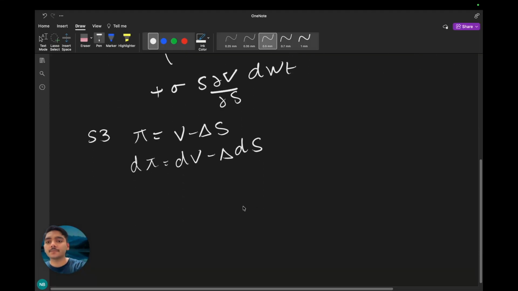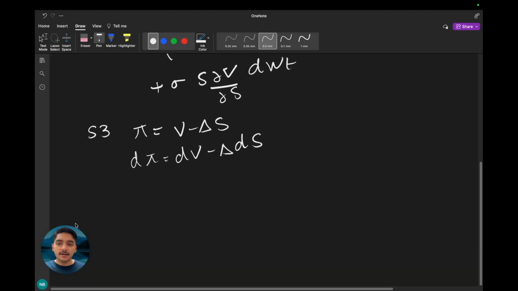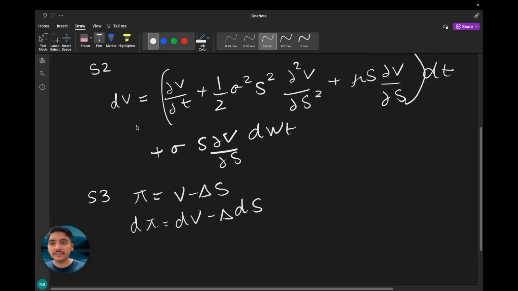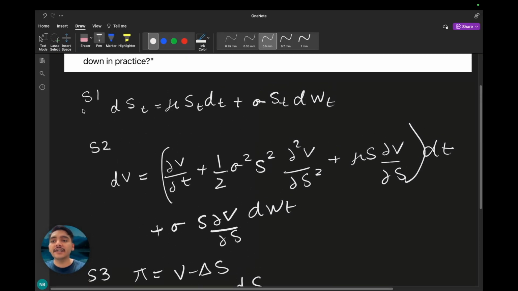If we now substitute this in the equation, dV was derived in step 2 and dS we have written in step 1.